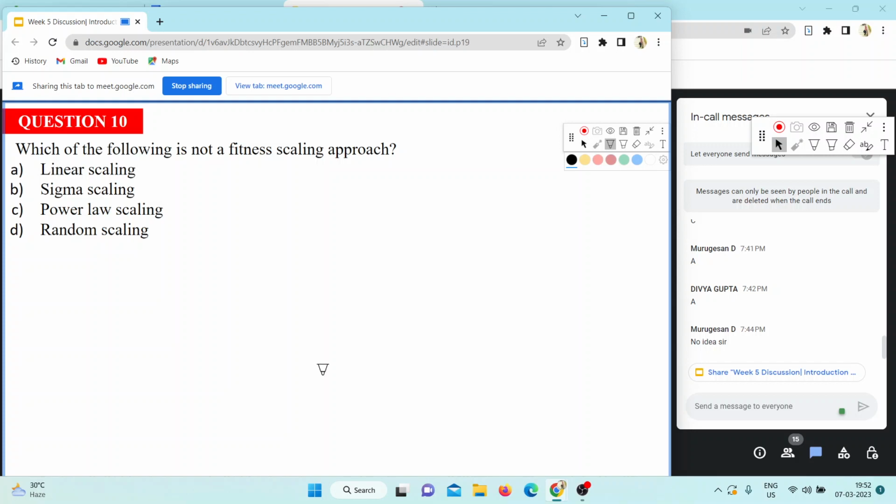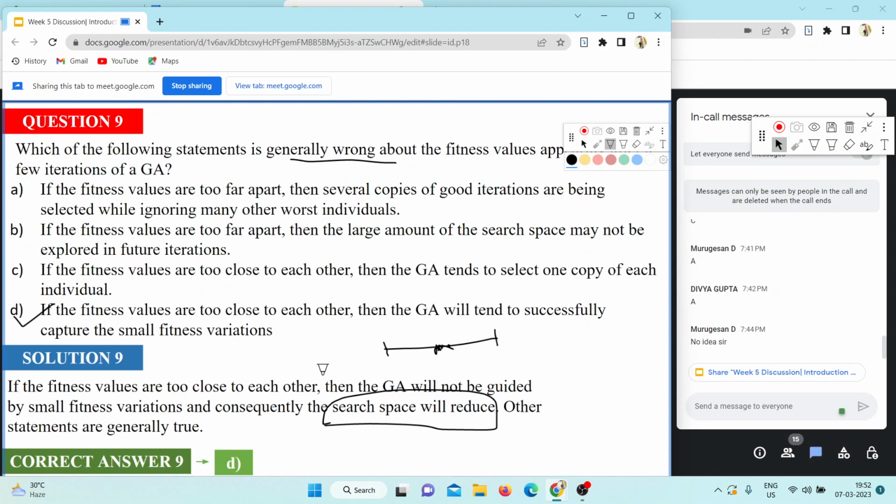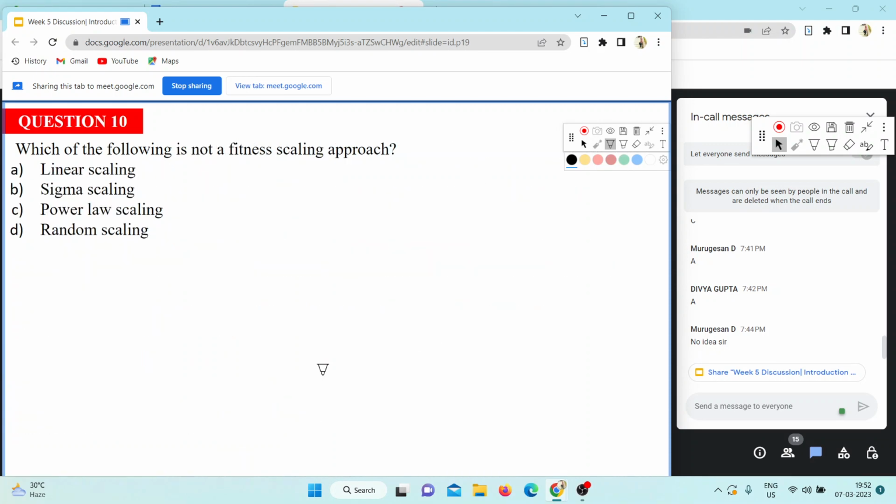Which of the following is not a fitness scaling approach? The previous question was also regarding scaling, and this question is also regarding scaling. When you are finding the fitness value, this fitness value can actually go beyond your search space, so for this we have some fitness scaling approaches.